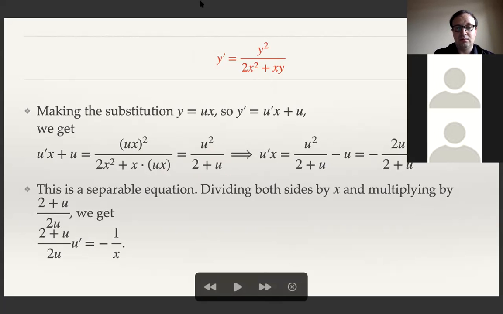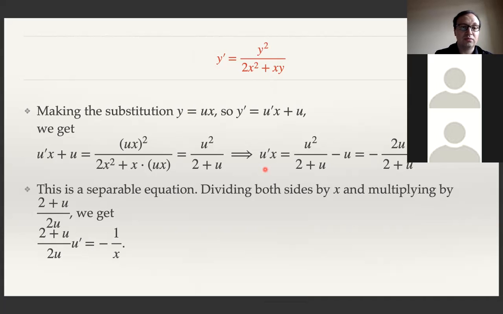Right. So now, repeating the steps on the previous page, we want to isolate u prime. First, by subtracting u from both sides, we get that u prime x is equal to u squared over 2 plus u minus u. And then let's bring this to a common denominator, because this will make the solution easier from now on.